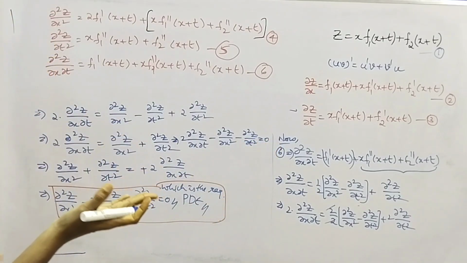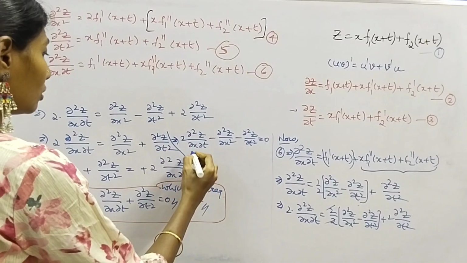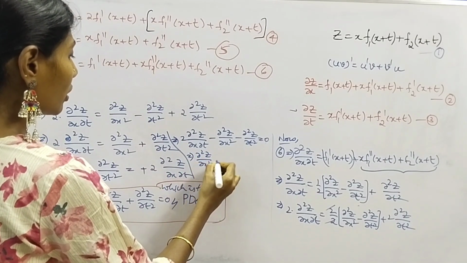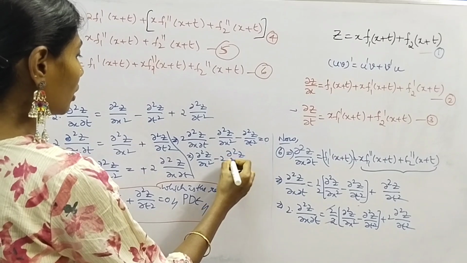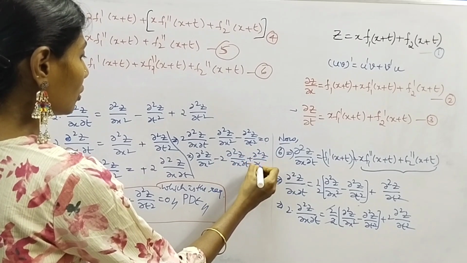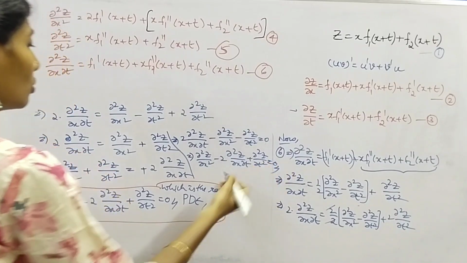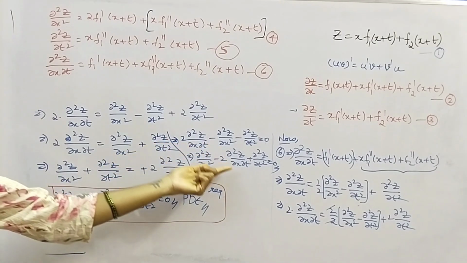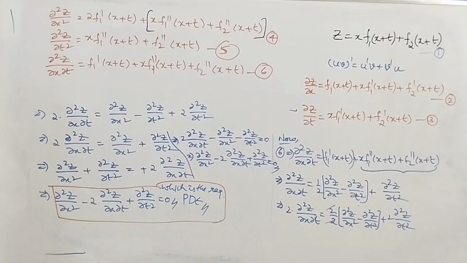Now multiply both sides of the equation with minus, then we'll get ∂²z/∂x² minus 2 ∂²z/∂x∂t plus ∂²z/∂t² equals 0. You'll get the same thing. It's better to write like this as the required partial differential equation. You can write in any of these forms, that's not a problem.